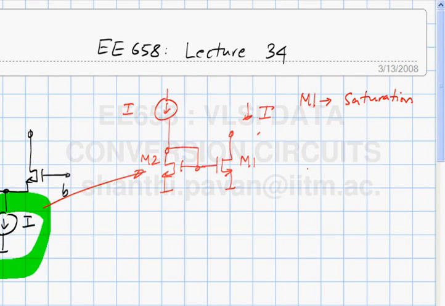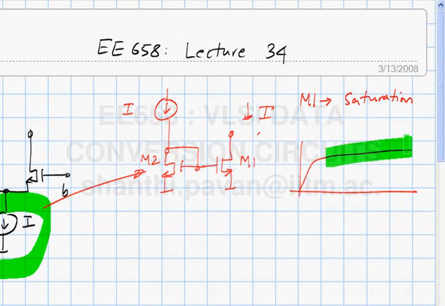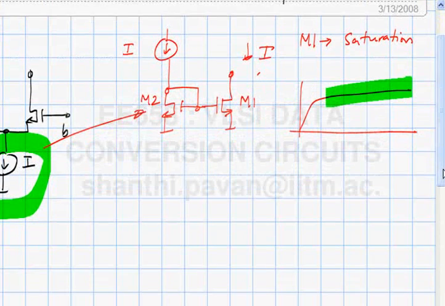You know that the I versus V characteristics are basically something like this. So the slope is not zero. There's a non-zero slope corresponding to the output conductance of the transistor. This non-zero slope will cause finite output impedance of the current source. Let's see what happens if there is finite output impedance.